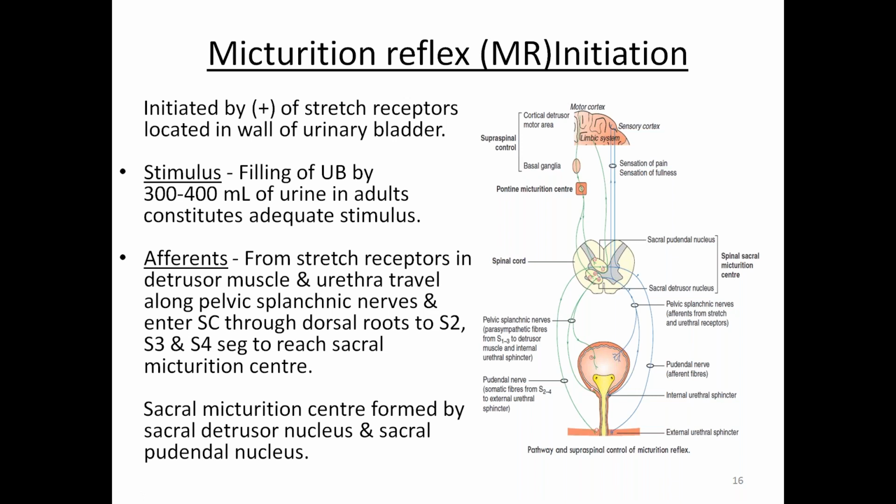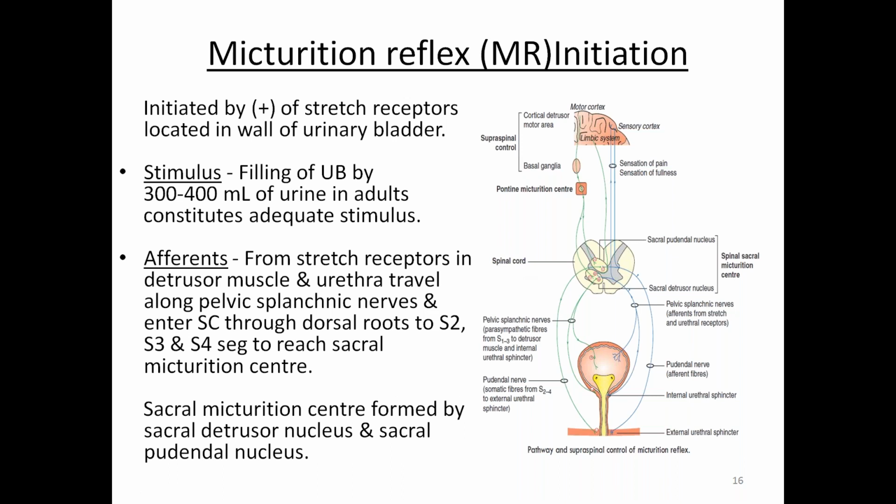The bladder must be filled with at least 300 to 400 ml of urine in adults, and that is an adequate stimulus for the reflex to occur. Even though under natural circumstances the first urge to empty the bladder occurs at approximately 150 ml of urine volume, at that volume one can easily suppress that urge.